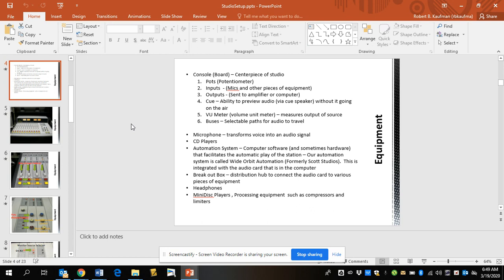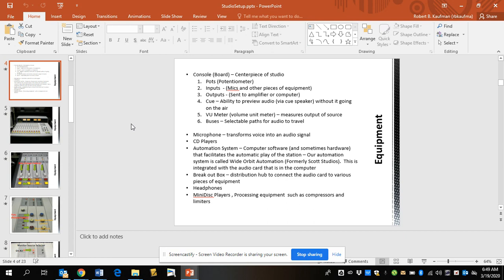Of course, the console is the centerpiece of the studio, and on them you have pots, inputs, outputs, cues, VU meters, and buses. Also inside the studio are microphones, CD players, which we really don't use anymore, computers, the automation system. Ours is called Wide Orbit, and it is the one that is in about 75 to 80% of all radio stations.